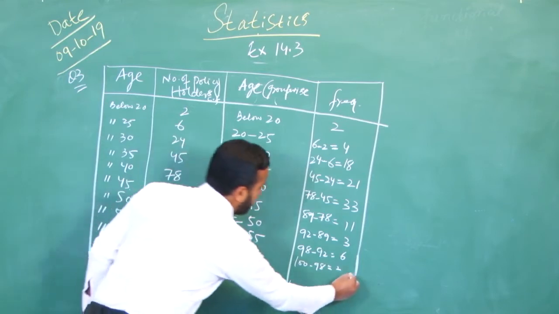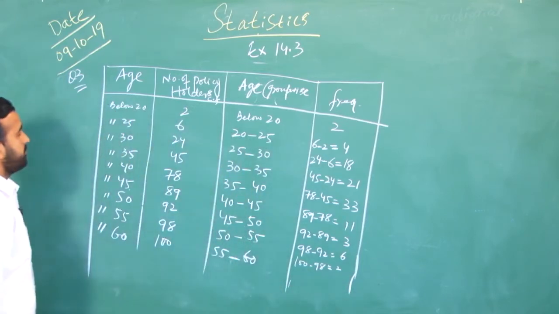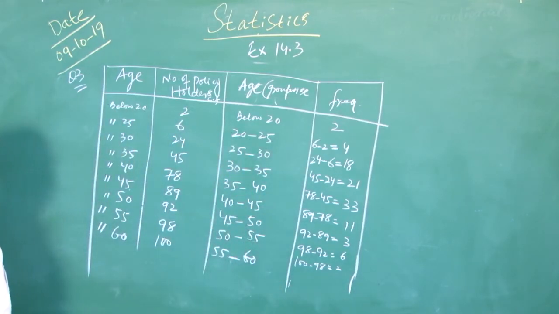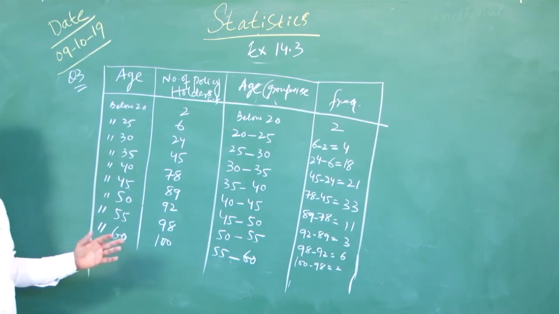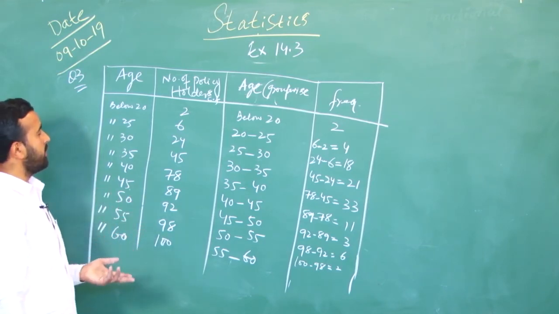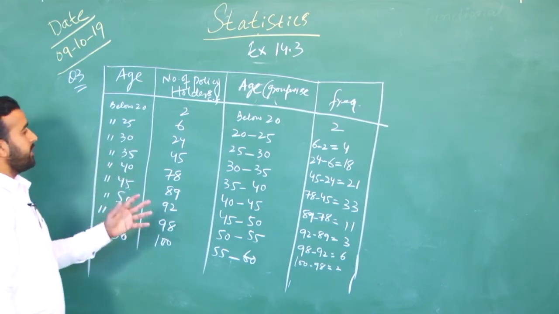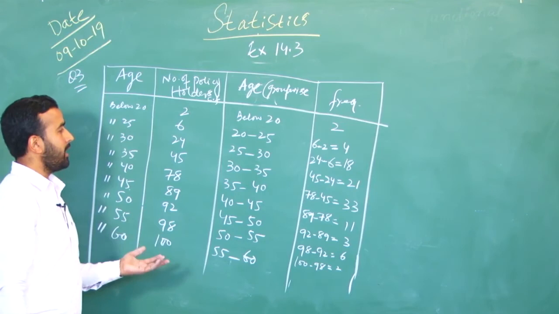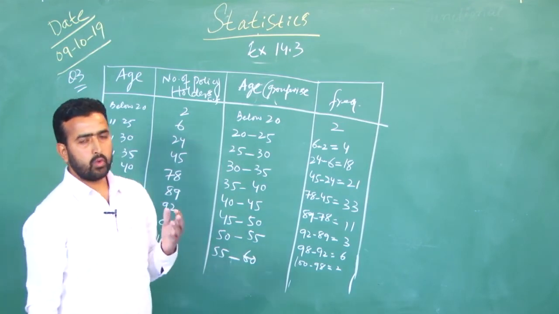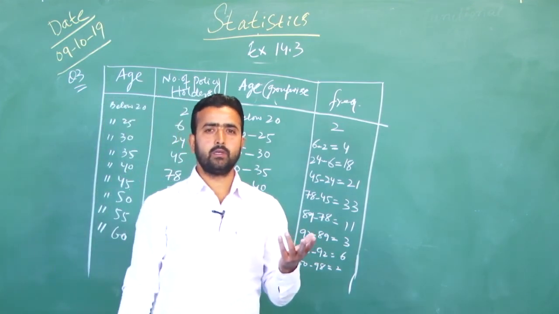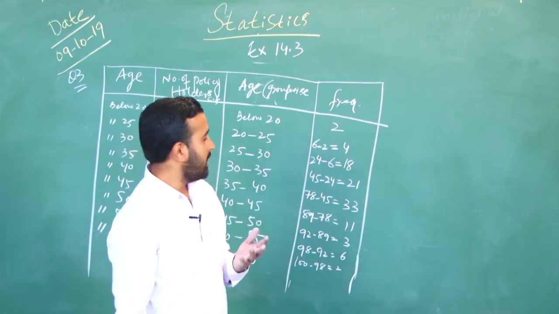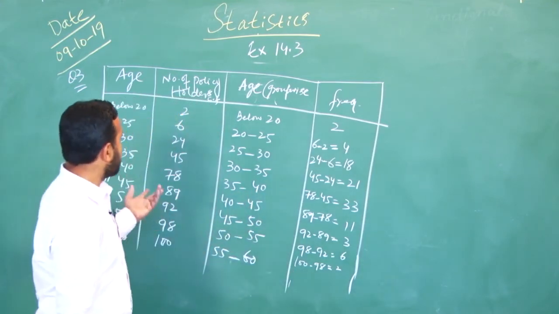These are the corresponding frequencies, and to calculate the median of the data, we have to use the same formula that we used in the earlier questions, in question number 1 and question number 2. First of all, we have to find n, the total of the frequencies, and then divide it by 2, then identify the class just greater than n by 2, which is the median class.